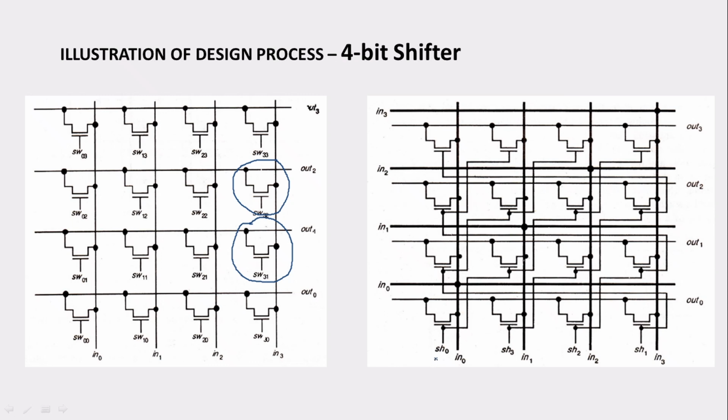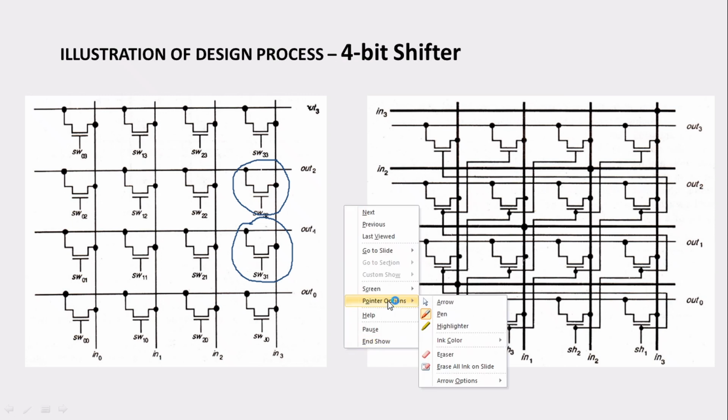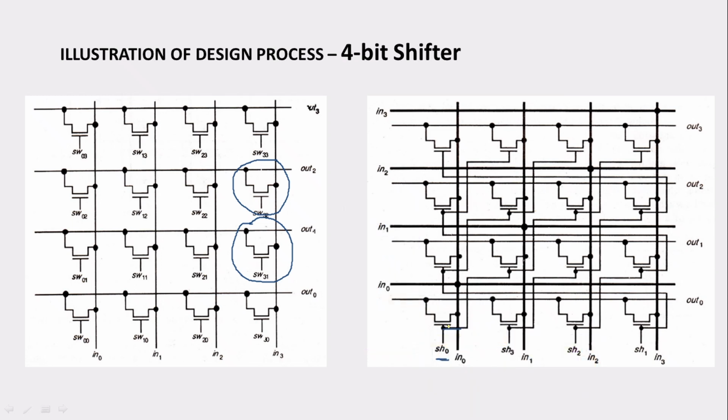Now shift 0 is connected here, and then it goes to this particular design over here, and again it is connected over here, and again over here, and again over here.